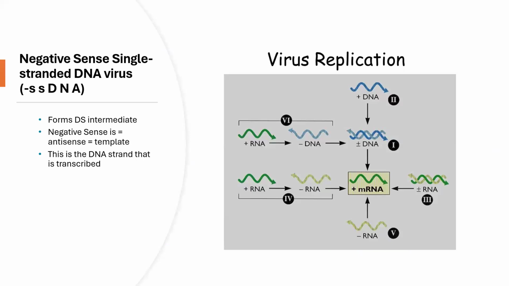Now we have the potential of having a negative sense single-stranded DNA. And so when you have these single-stranded DNAs, you're going to form a double-stranded DNA intermediate. The negative sense is the antisense or the template. So the negative sense DNA is the thing that gets transcribed, but it always goes to a double-stranded DNA intermediate.